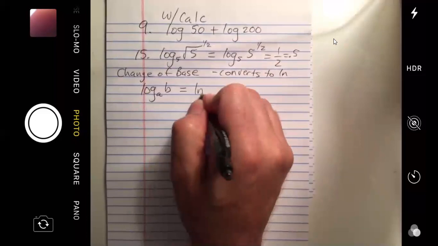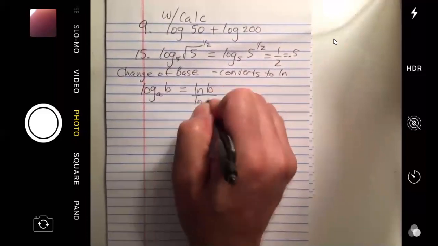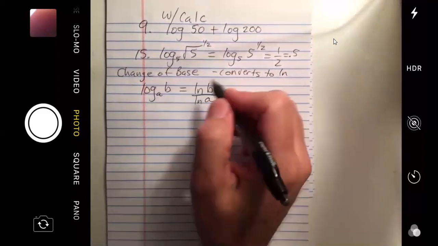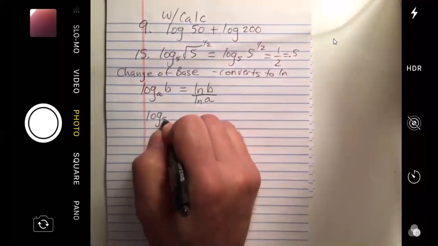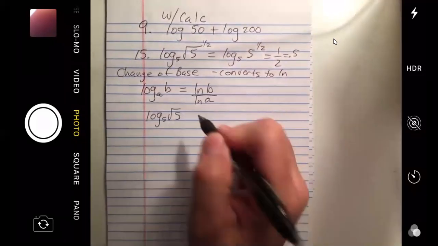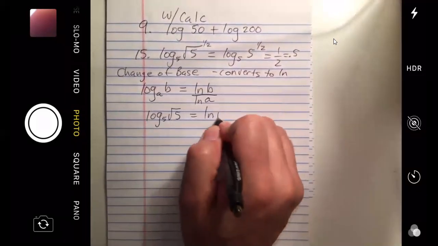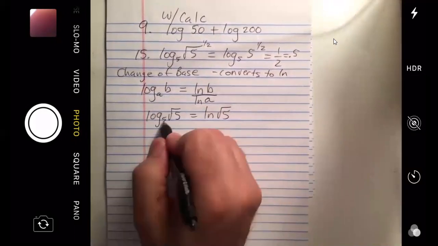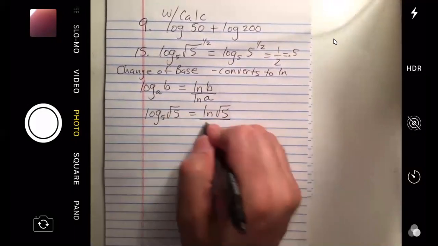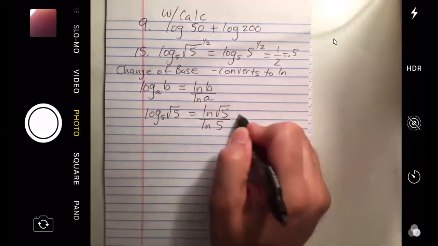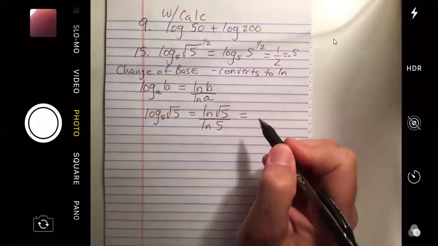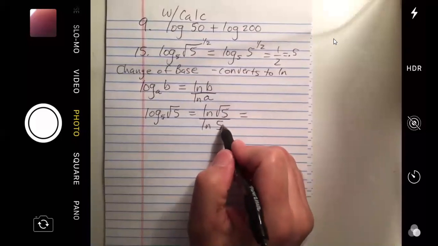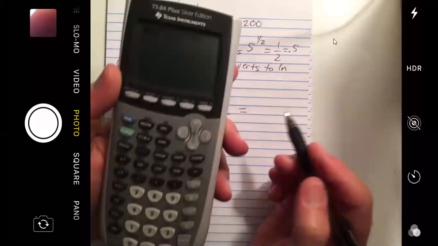I can go ln of b and divide by ln of a. Now, with these numbers, log base 5 of the square root of 5, I can punch ln of the square root of 5, that's acting like my b, and the 5 is acting like my a, divided by ln of 5. Individually, these are nasty decimals. I'm not going to write them down. But let me punch the whole thing as is.